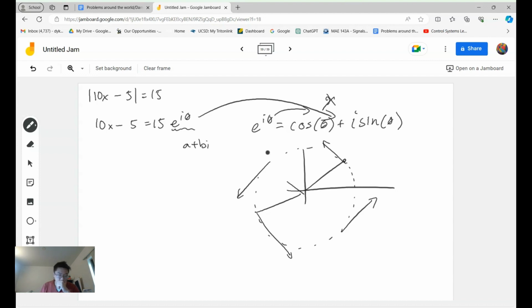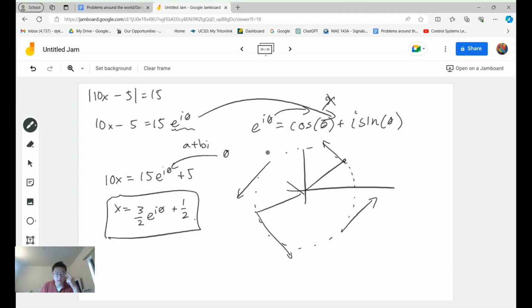Now, what you do here then is 10x equal 15 e^(iθ). Hiding the a and b as a theta makes it easier to comprehend what I'm doing. And then you divide everything by 10, which gives you 3 divided by 2 e^(iθ) plus 1 divided by 2. And that's the real answer.